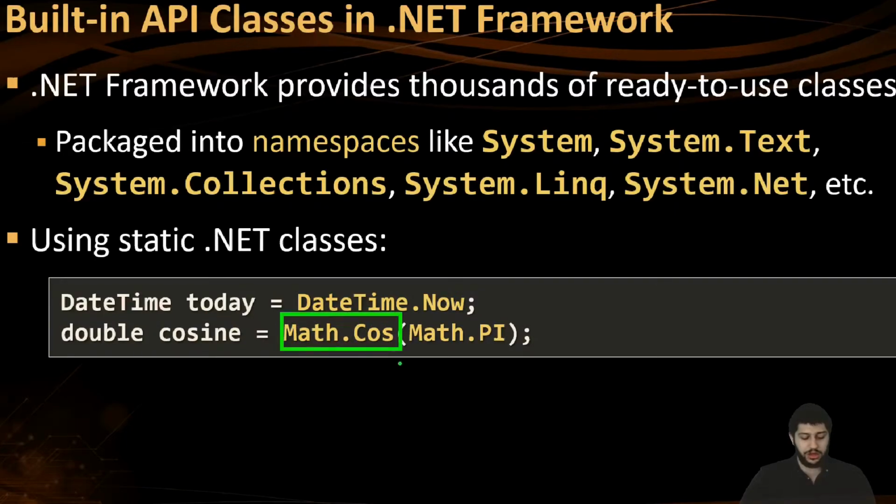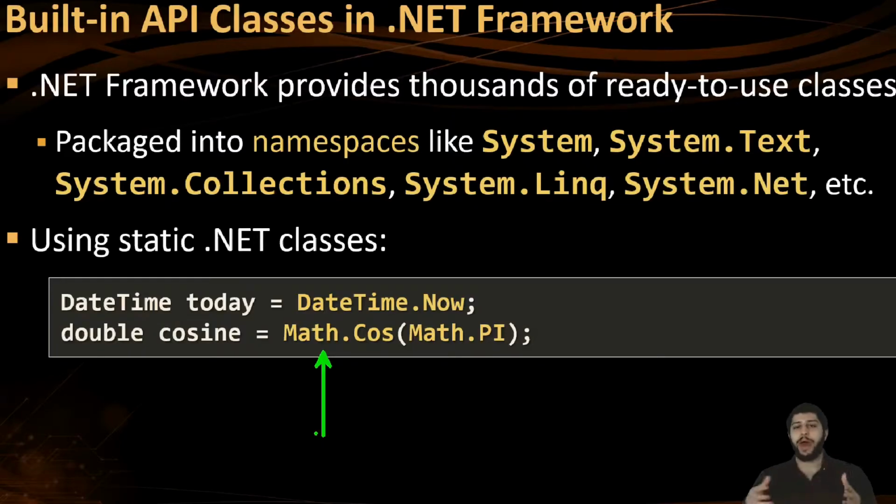and we can use the Math class in order to statically calculate different things. The reason we have Math.Cos is because cosine is just a function inside this utility class. And because it's a utility class, we don't really need to instantiate it. We can just make it static and use it this way.